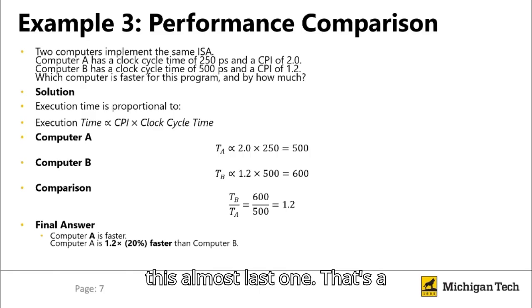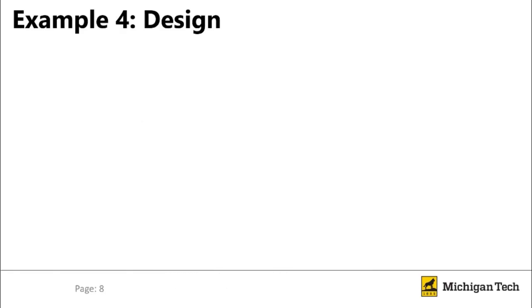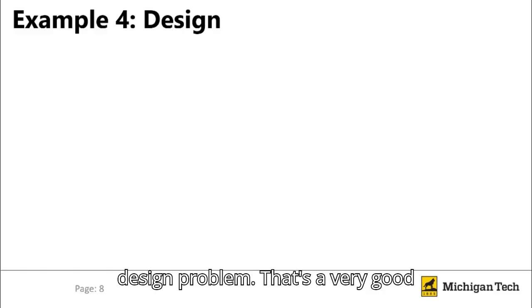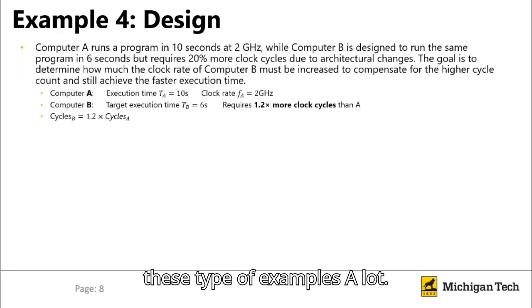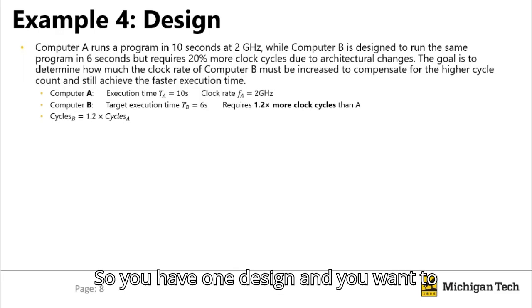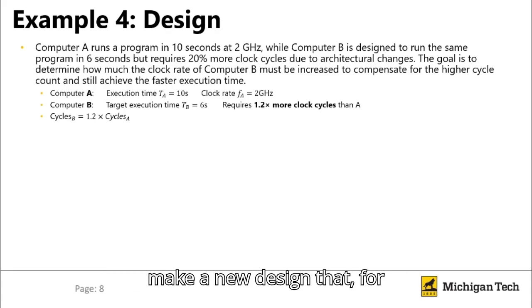Let's have this almost last one. That's a design problem. That's a very good example. You're going to see these types of examples a lot. So you have one design, and you want to make a new design that, for example, is better or has some certain characteristic.